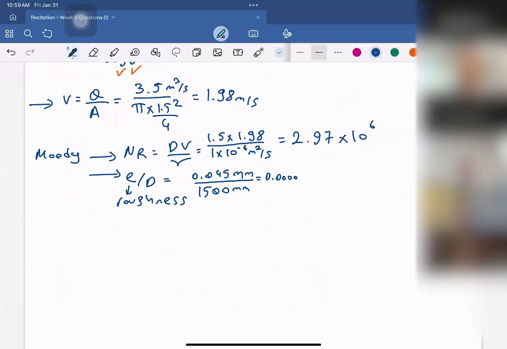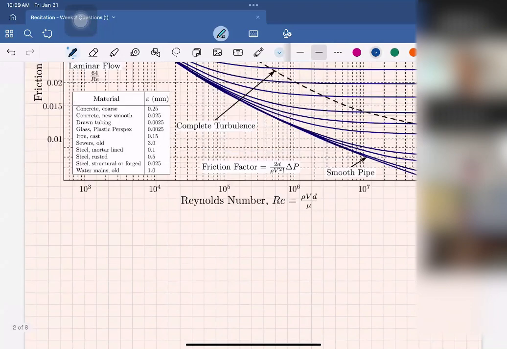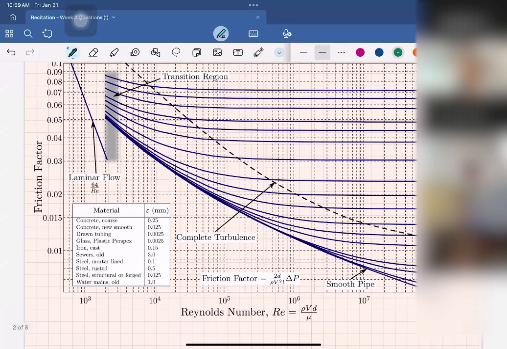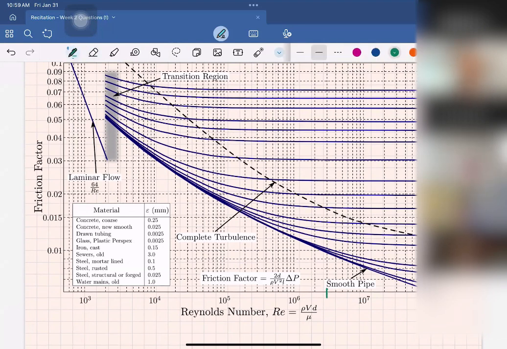And now we have everything to find friction factor from the Moody diagram. And we are coming up here. So we have almost 3 times 10 to the power of 6 Reynolds numbers, which will be around here. And we will also have a 0.00003.